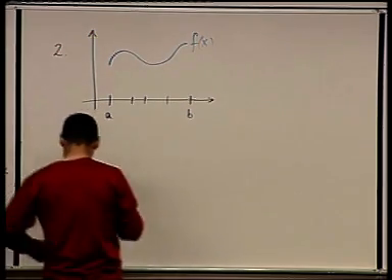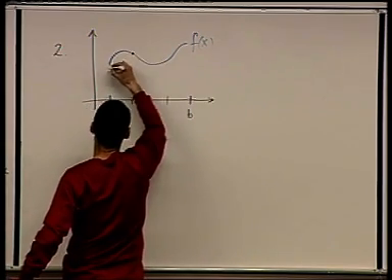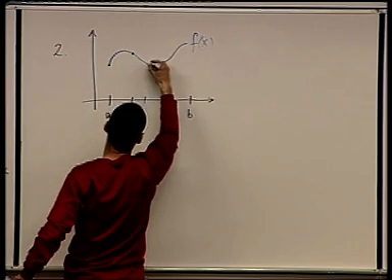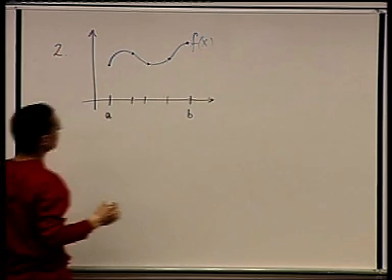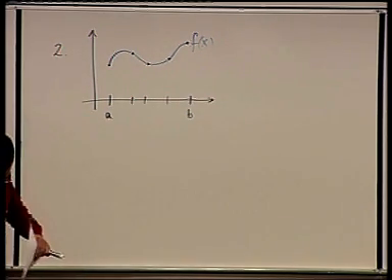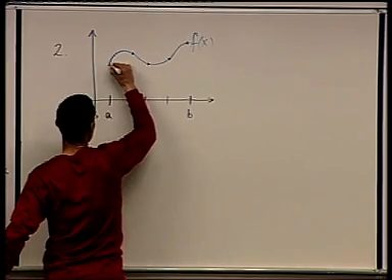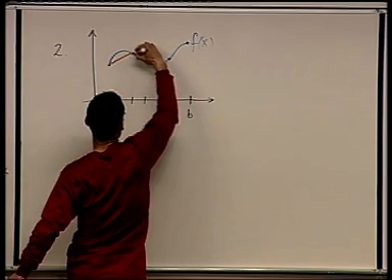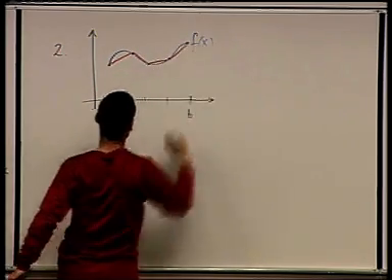And then we're going to calculate the values of the function on the x's which we get from the partition. There they are. And then we're going to take secant lines connecting these. So I'm going to get this secant line, and then this secant line, and then this, and then this.